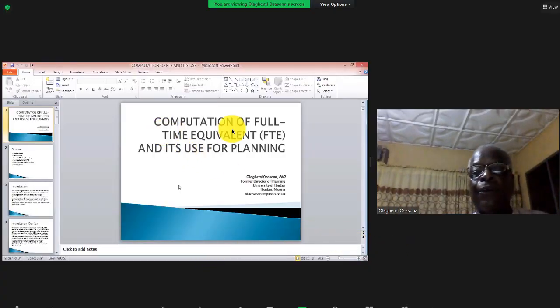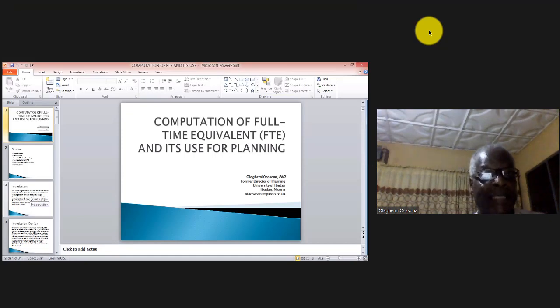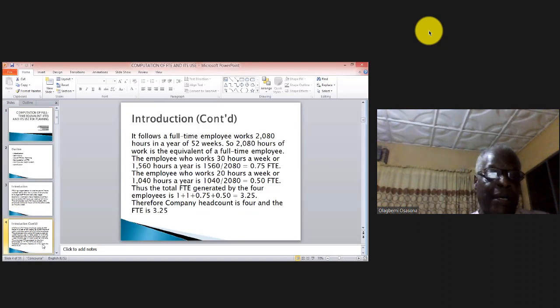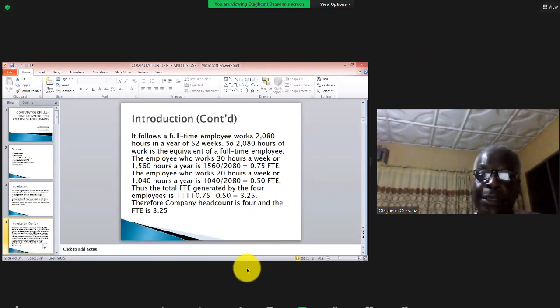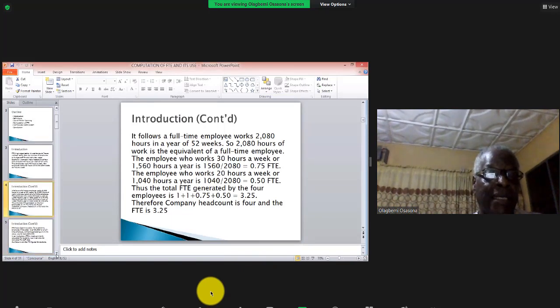Computation of full-time equivalent and its use for planning. We want to know that FTE is also used in organizations to determine wages of staff. It's also used in higher institutions for staff and students.